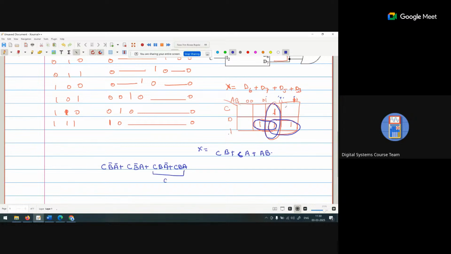From this one I take c and b as common, so it becomes a plus a bar. Okay, and from this one I take c b bar common, it is a plus a bar.